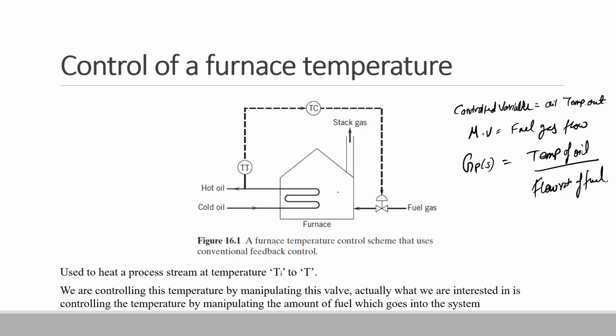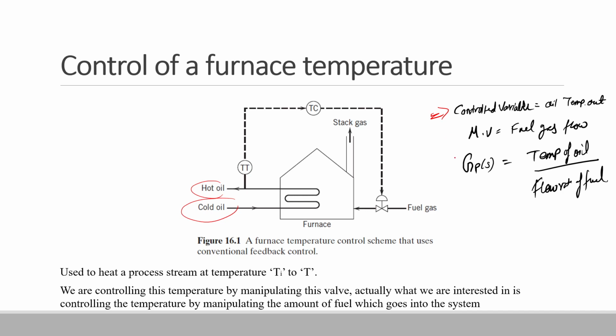So basically we will just burn this flue gas, so that will heat up this inlet oil to some desired temperature. So the controlled variable in this case is nothing but the outlet temperature of this hot oil. And how can we do that?